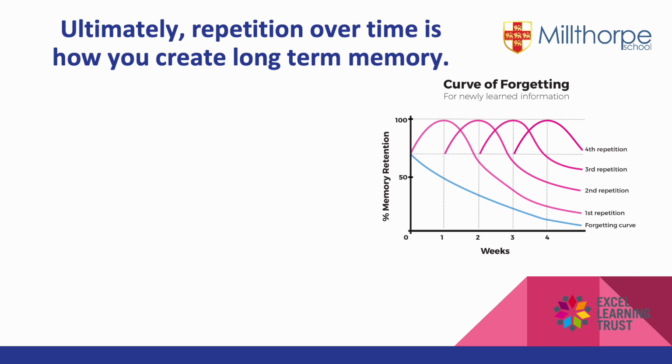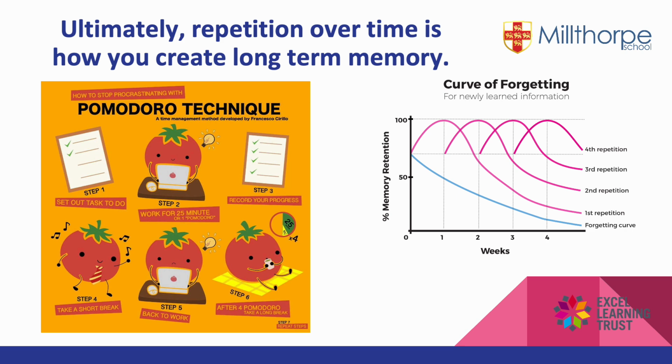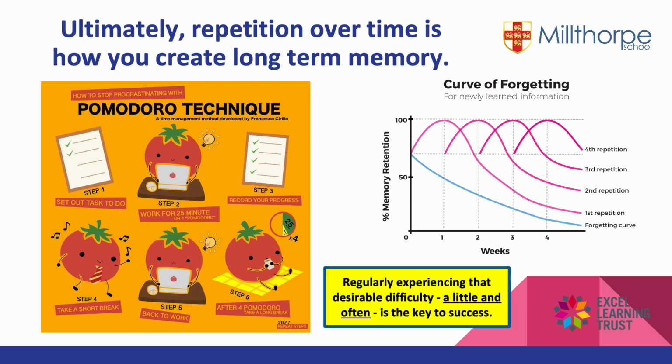Now, I appreciate that no one wants to spend every single night for hours doing revision, and so we really encourage our students to use this Pomodoro technique. The Pomodoro technique is so named because the creator used a tomato-shaped kitchen timer to keep track of his work intervals. And it's really just that. It is a system of work-break cycles. No one wants to sit for hours and revise.